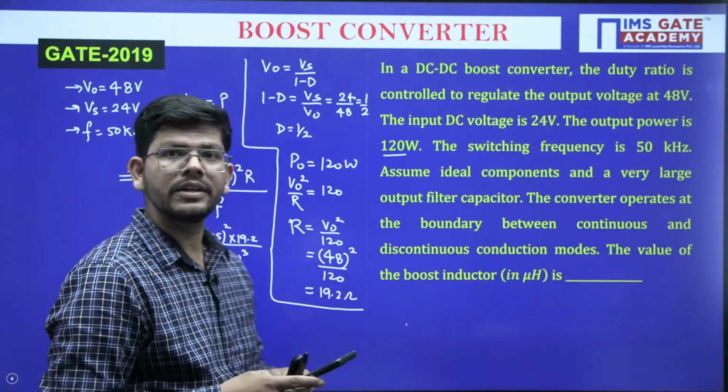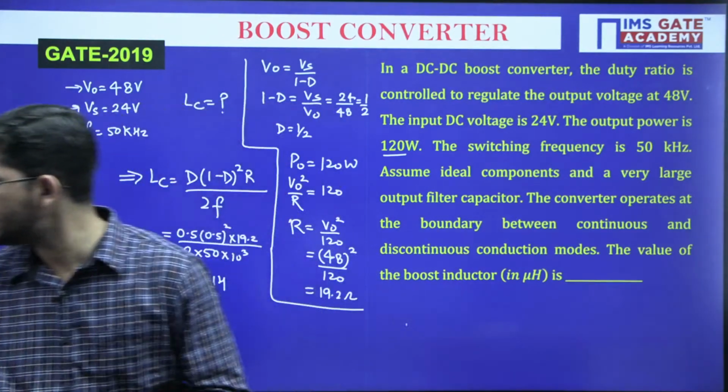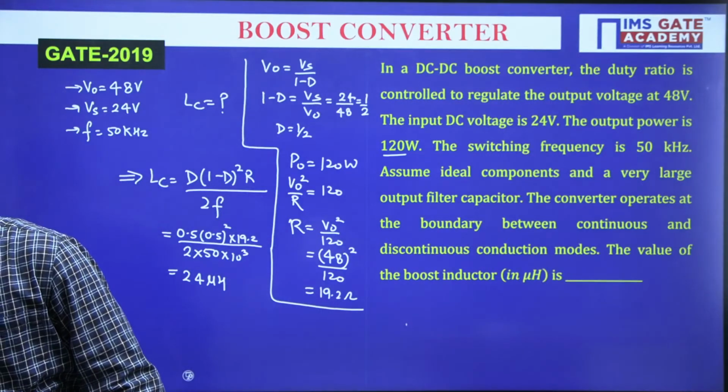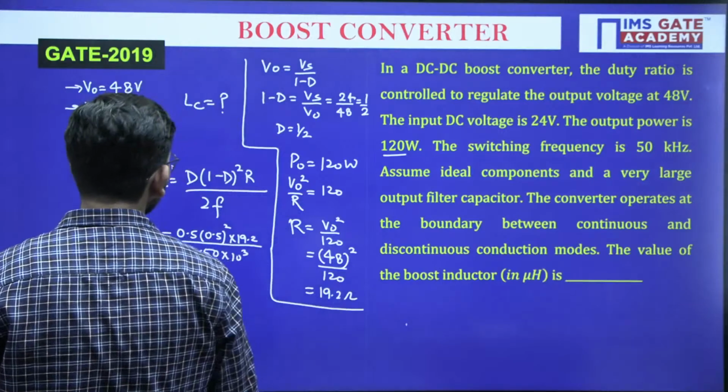Yes, that's right. Okay, so that will be the answer. That is what we will be getting here. That is the right answer. So that's what we'll be getting here, 24 microhenry.